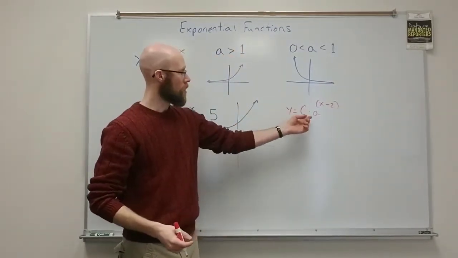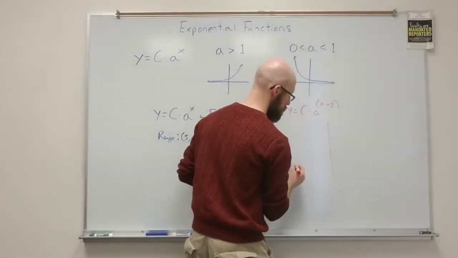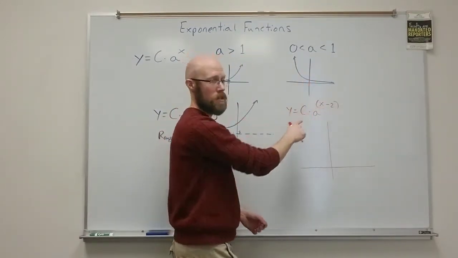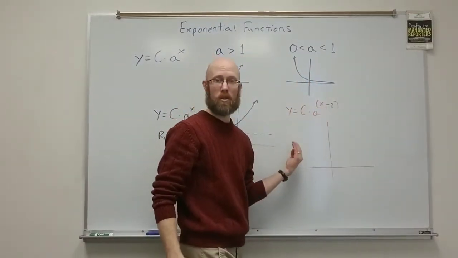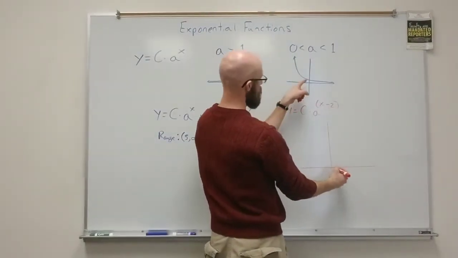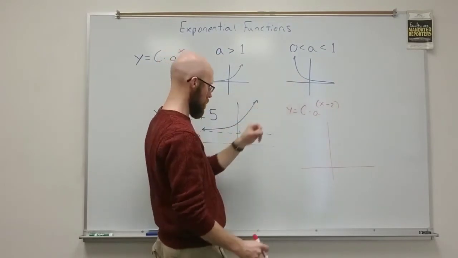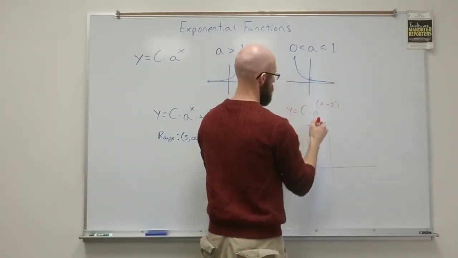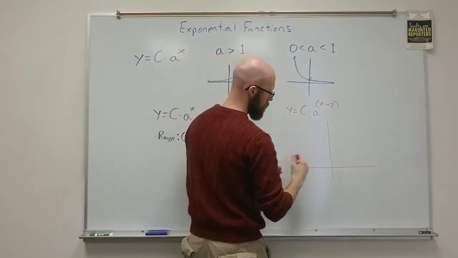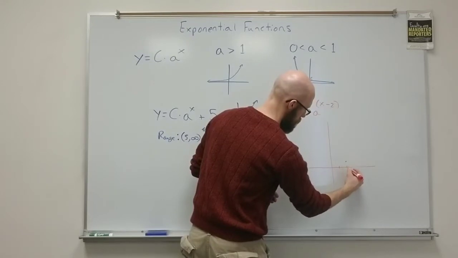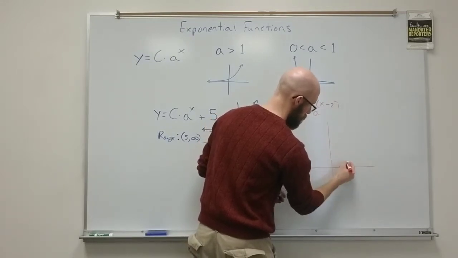Here, we're going to be shifting the original graph 2 units to the right. X minus 2 is a shift right 2 units. And so instead of the c value being here at the y-intercept, that c value just gets moved over 2 units. But the rest of the graph is the same.